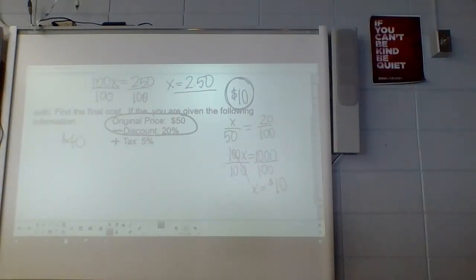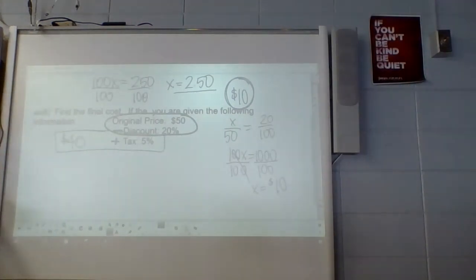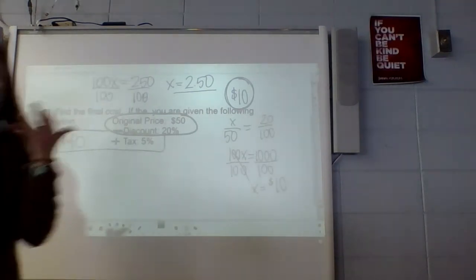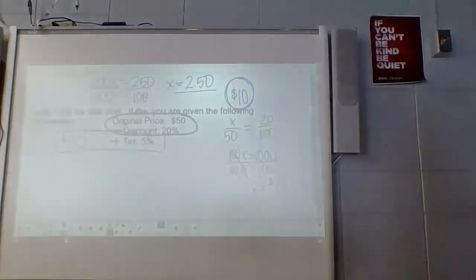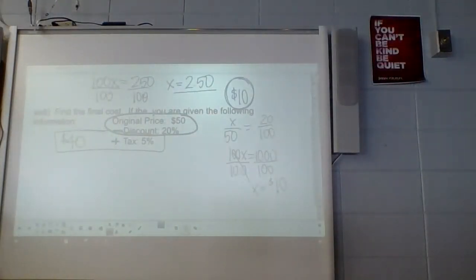That's what they're now going to do tax on. So I have a second part of this problem where I have to add that tax on. You might think, oh, this thing that I'm buying is only $40, I have a 20% discount. Don't forget about tax. We still have to add that tax on, which is that annoying extra piece we have to worry about.